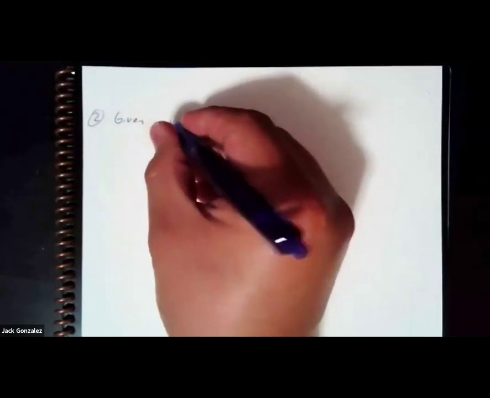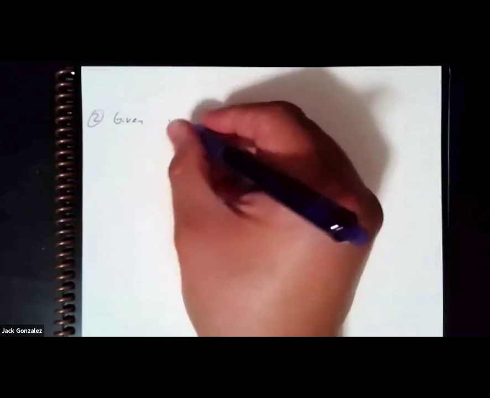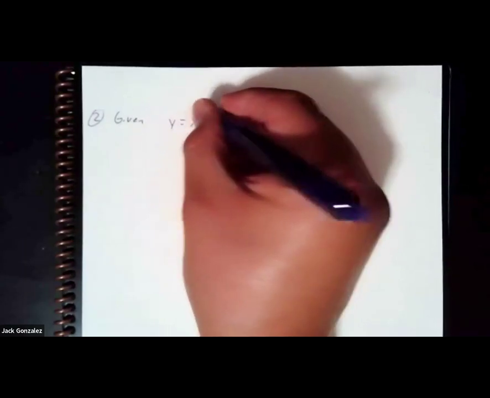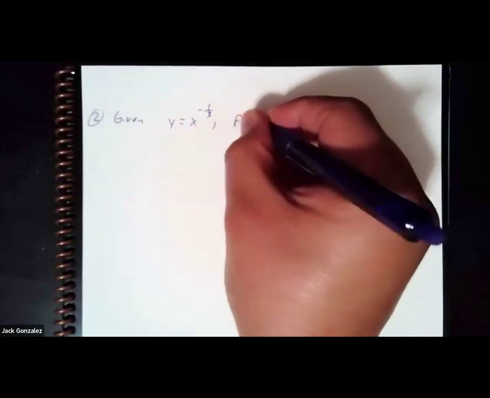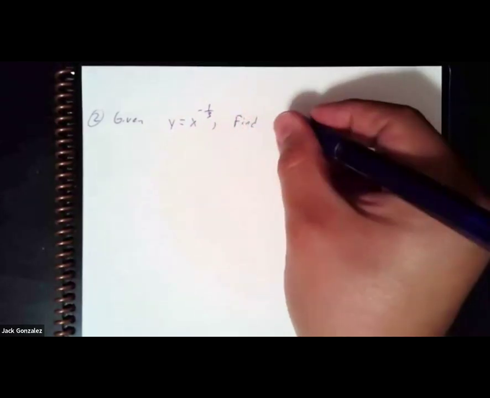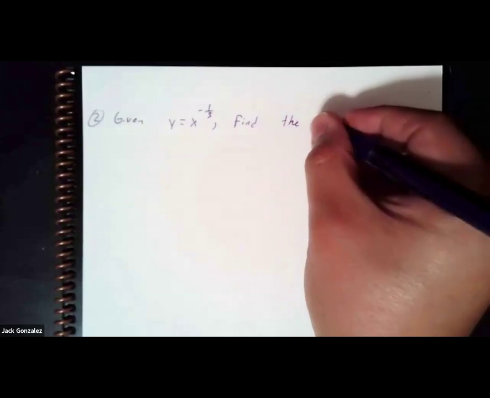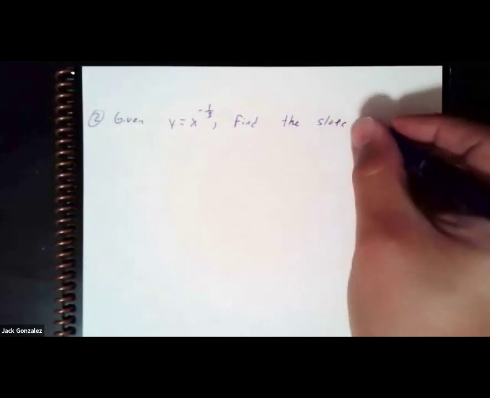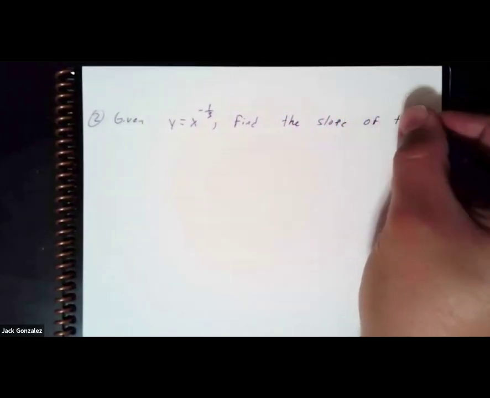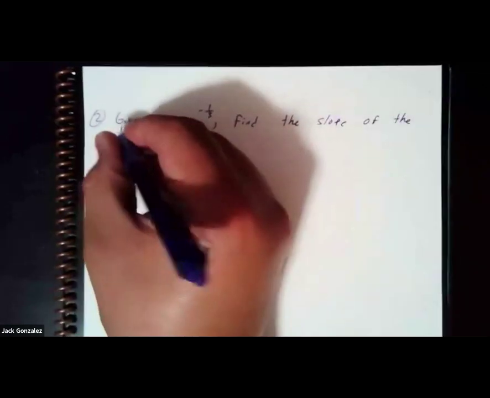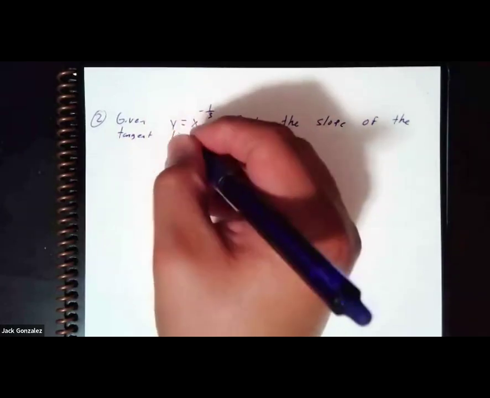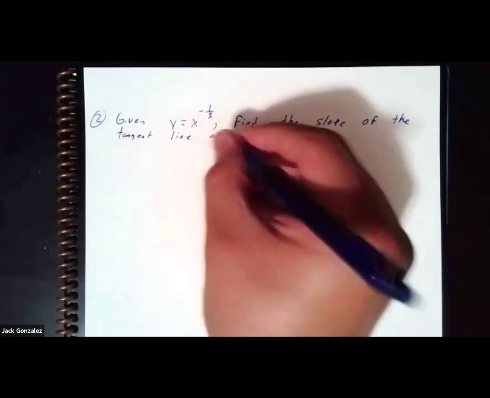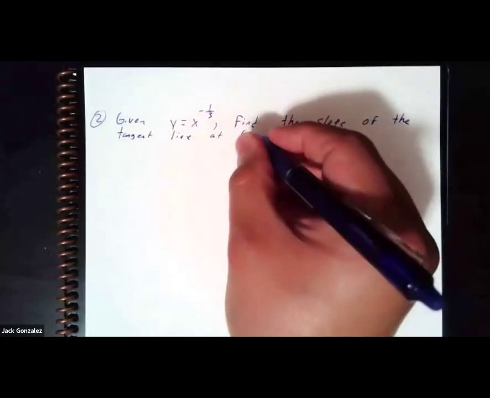So given y equal to x to the negative 1/3, find the slope of the tangent line at 1, 1.